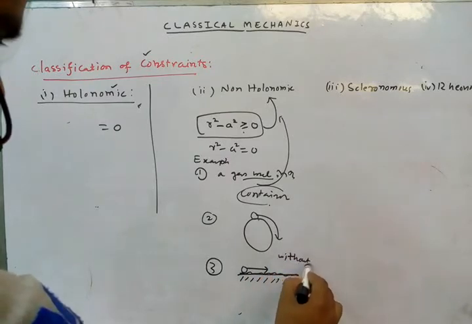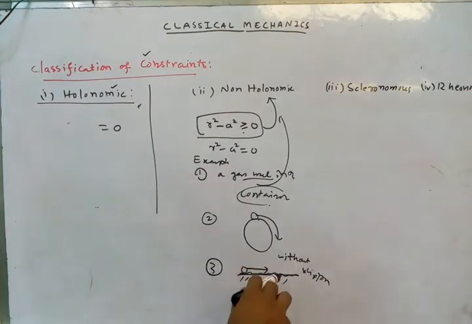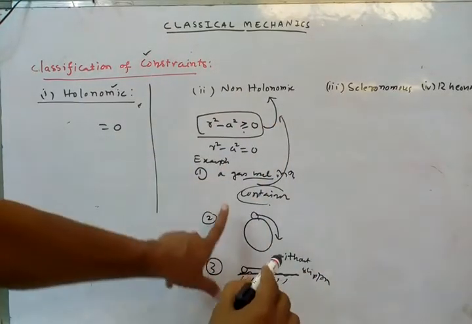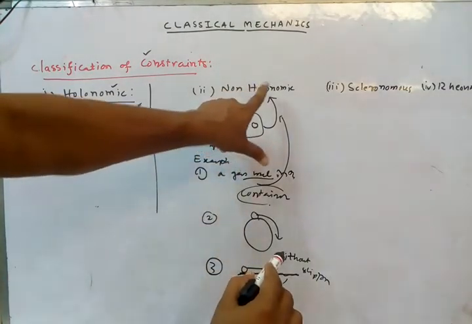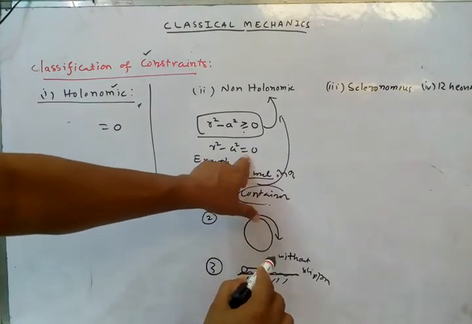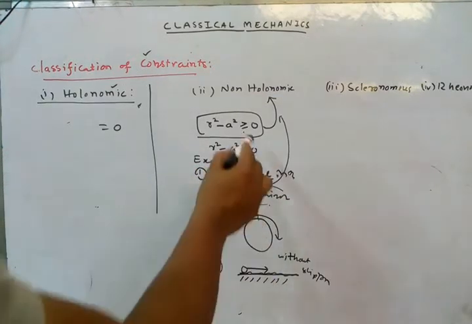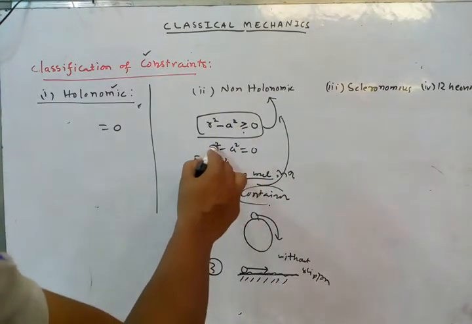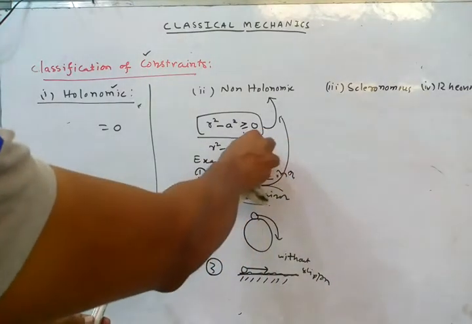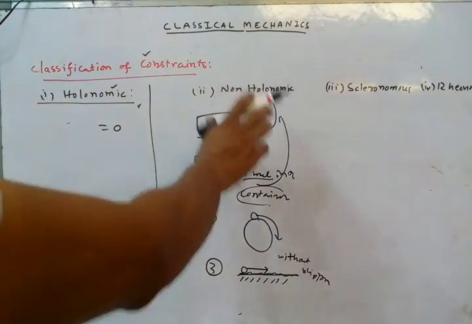See, the condition is without slipping. These three examples are of non-holonomic constraints. In these three cases, we have not equal to 0, but greater than or equal, or less than or equal. Equal to 0 comes under holonomic constraints. This is about non-holonomic constraints.